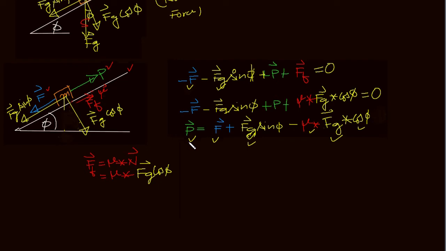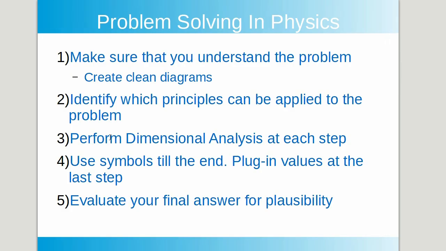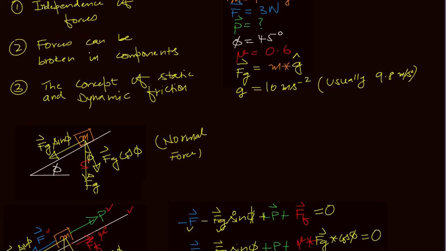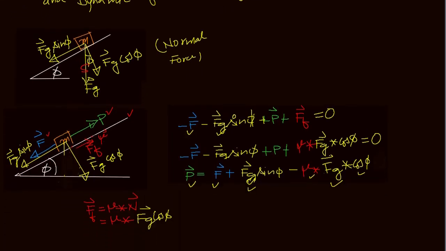So you saw that up to this point we are using only symbols. You may get impatient that if you were using values like this, it would have been much easier for you to write.